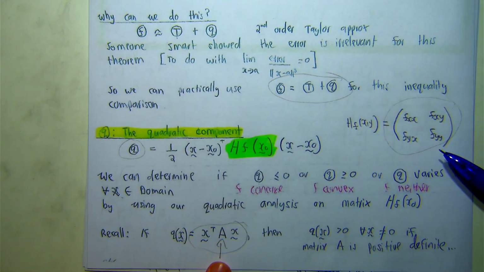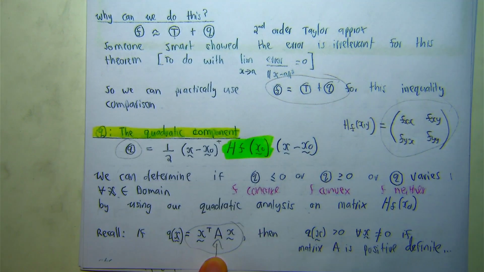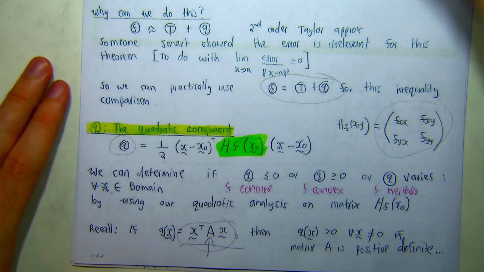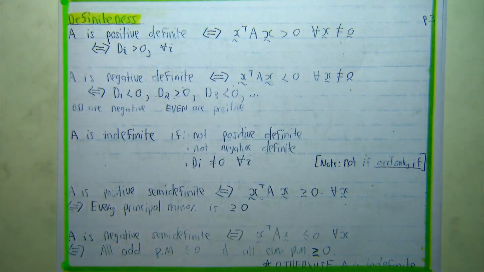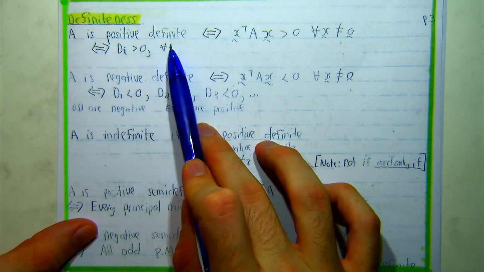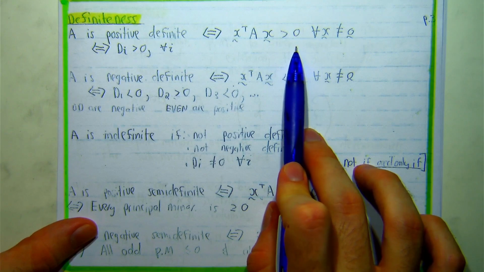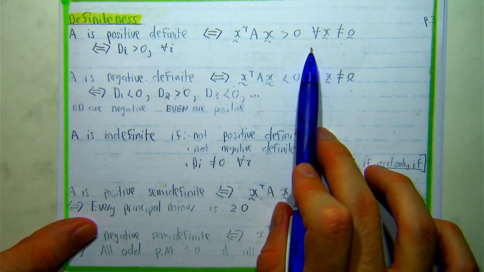And there's a bunch of theorems that show if A in its definiteness is positive definite, then this will always be greater or equal to 0, so on and so forth. So we go to this next slide. These theorems say that if the matrix A is positive definite, that implies that this is greater or equal to 0 for all x that's not 0.